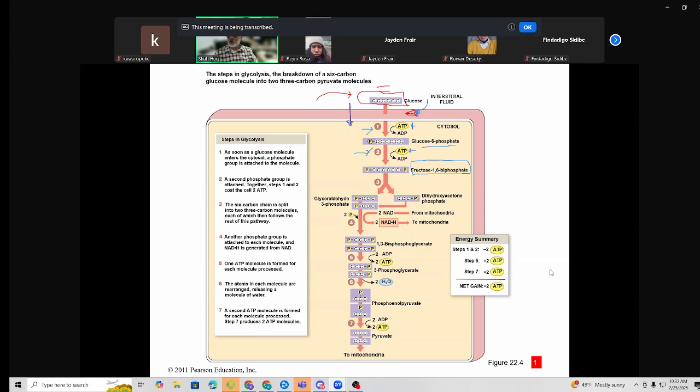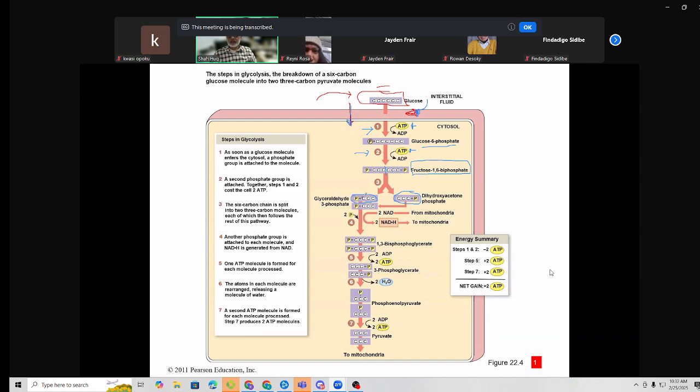In a biochemistry course, we have to know and memorize the names of these enzymes. And the next step, step number 3, this is divided into 2, half and half. So we get, you see, 1 molecule with 3 carbons called dihydroxyacetone phosphate, and the other molecule called glyceraldehyde 3-phosphate.